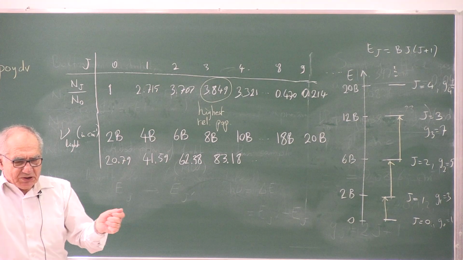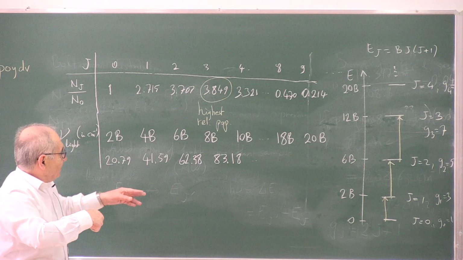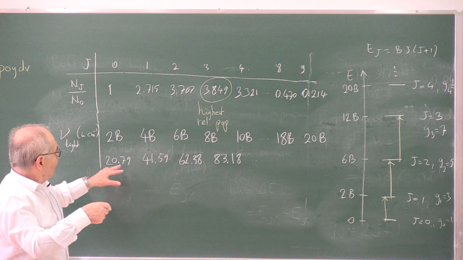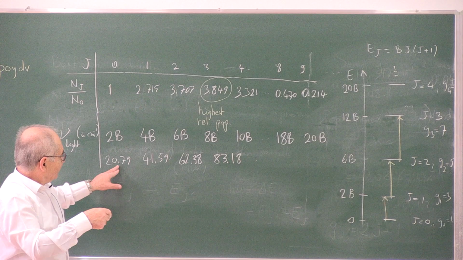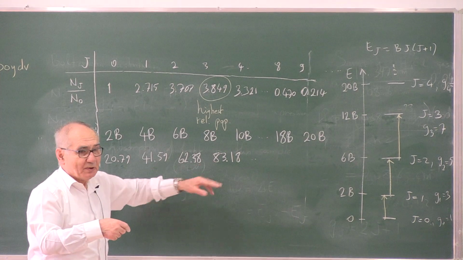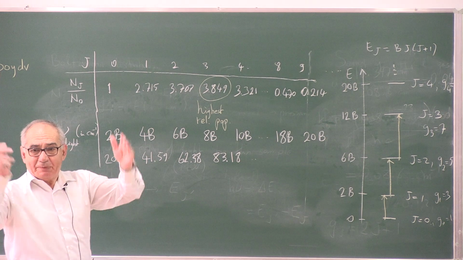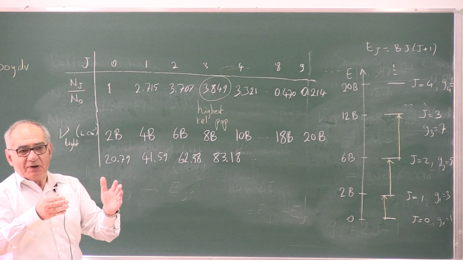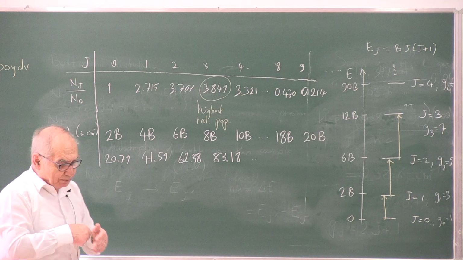It is continuously changing the microwave frequencies. The results show that only when the frequency is one of these numbers, that one or that one or that one or that one, absorption takes place. At all other frequencies, no absorption. All the light passes through. The sample is transparent to the remaining frequencies.